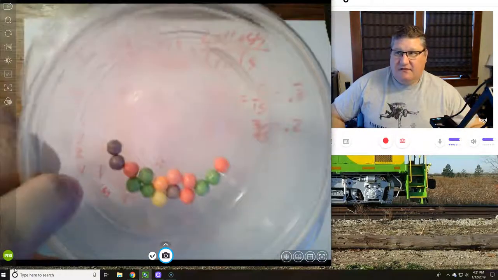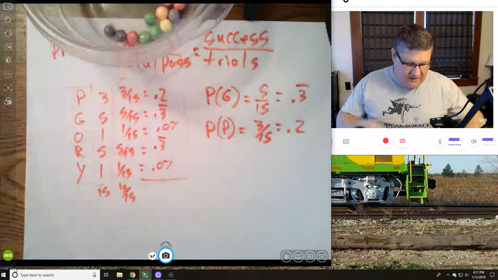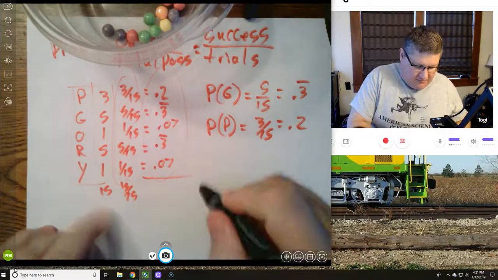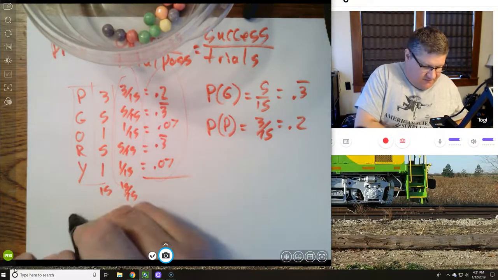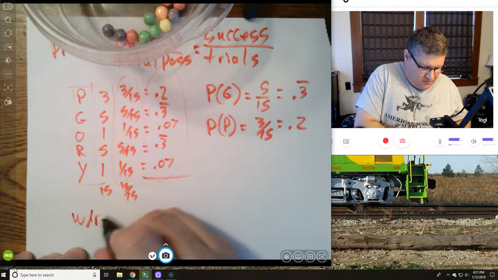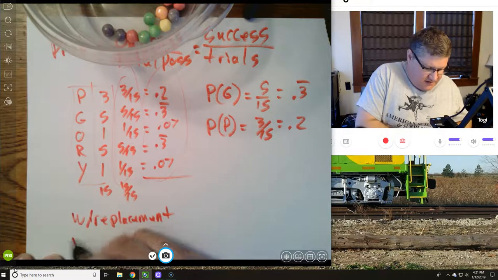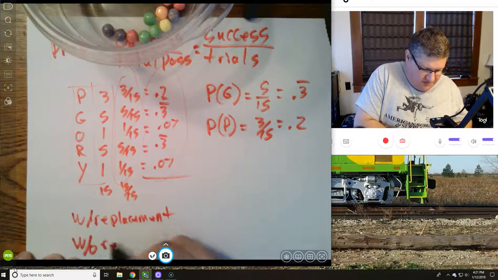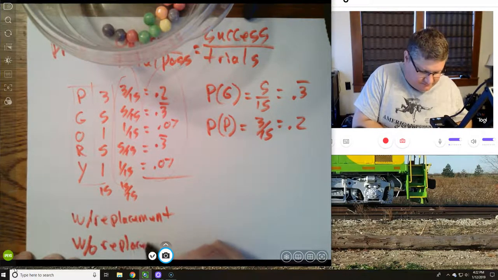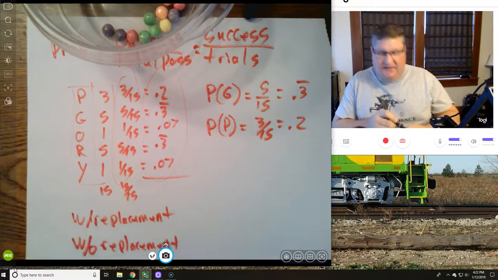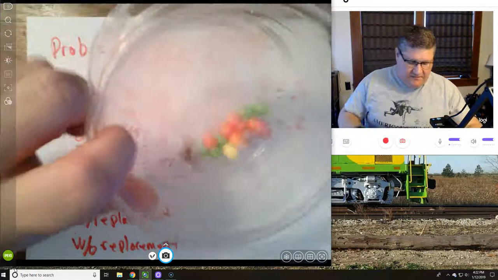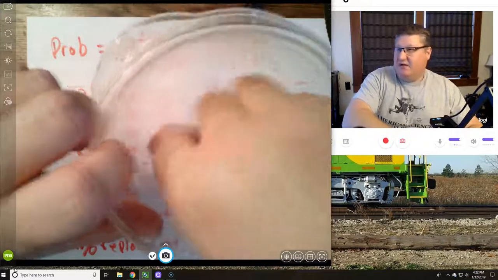But let's talk a little bit about with replacement and without replacement. It's going to make a difference, because here's the thing. Replacement means I put it back. So I pull something out.